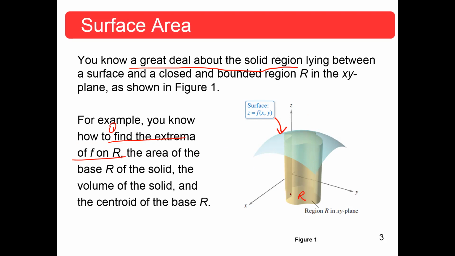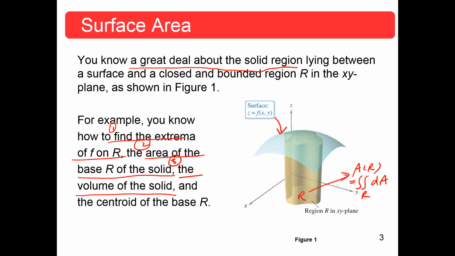We can also find the area of region R, which we just talked about. The area of region R can be computed by the double integral of dA over region R. We also talked about how to use double integration to find the volume of the solid. The centroid of the base is related to physics, so we didn't really talk about that, but if you're interested, you can look into that.